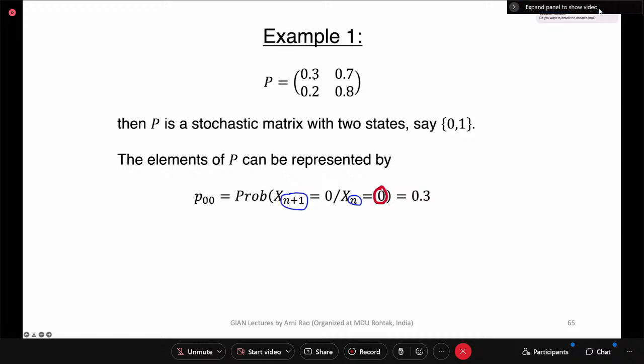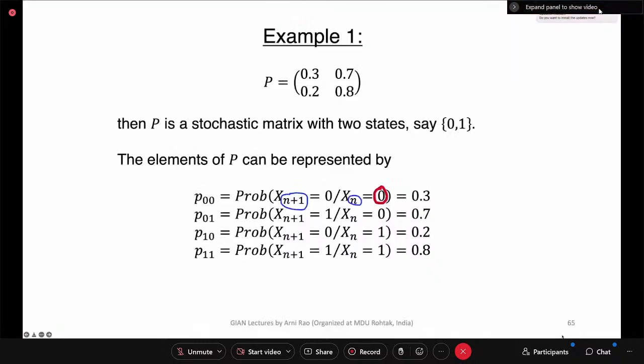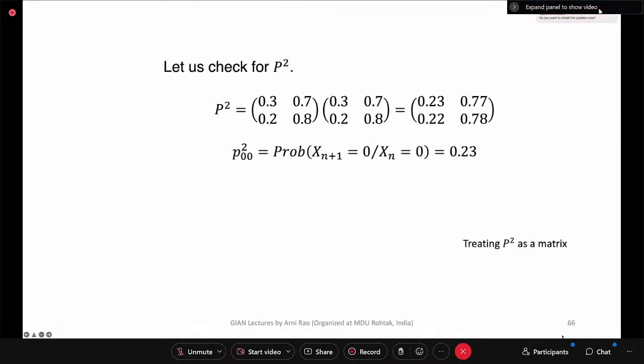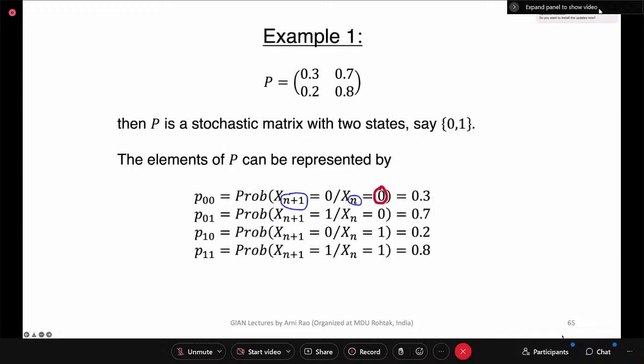Similarly, Xn equals 0, Xn plus 1 equals, that means this is a 0 to, this is 1, there is a typo here. This is 1. This is X0, Xn equals 0.